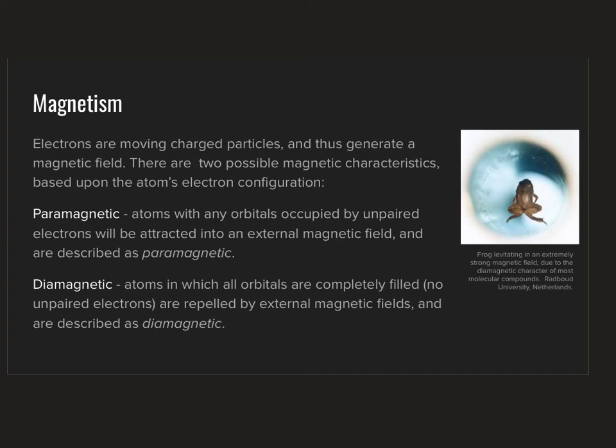So, to review from last year, atoms are referred to as paramagnetic if they have any orbitals which are occupied by unpaired electrons. If you think about atoms with their electrons being paired off in those orbitals, one spin up and one spin down, because the spins are opposite, the orientation of the magnetic field generated by those electrons is opposite.